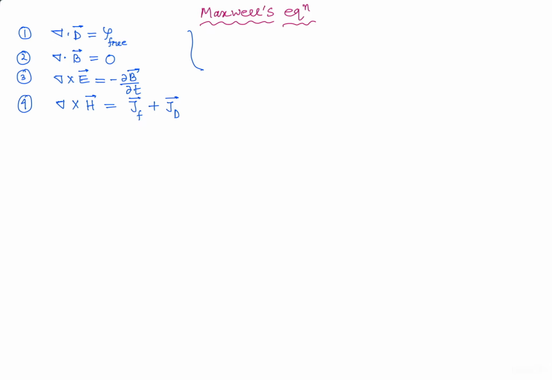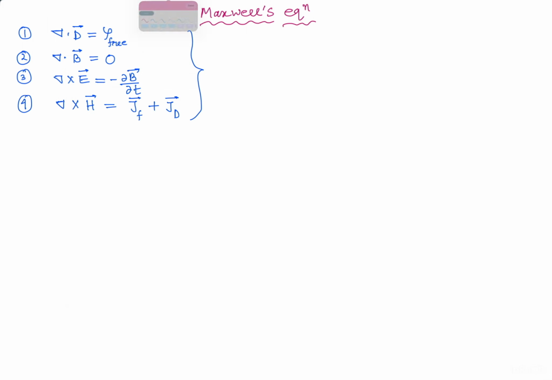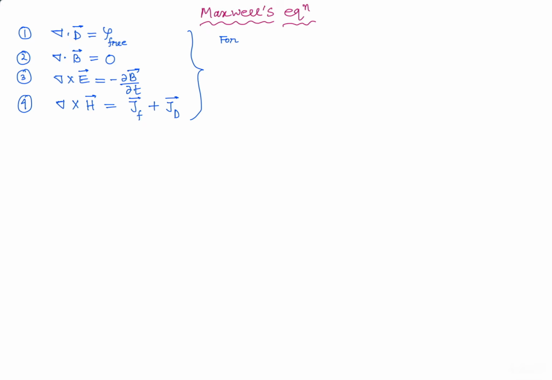Now, if we transform the Maxwell equations for free space, then for free space we put rho free equal to 0 and J free equal to 0.